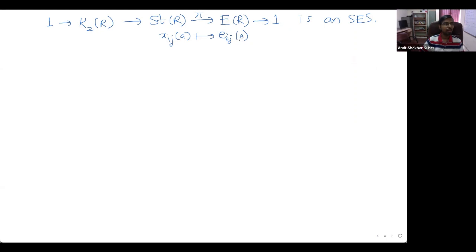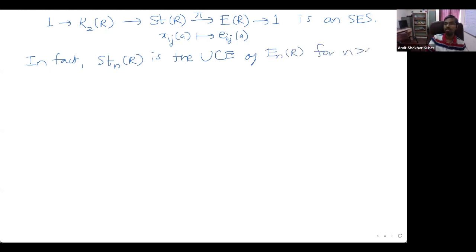In fact, we know something more. You just need enough room to move around. St(n, R) is the universal central extension of E(n, R) for n bigger or equal to 5. Up to n equal to 4, we can't really say anything. But eventually this starts happening, and therefore you can conclude that St(R) is also the universal central extension of E(R).